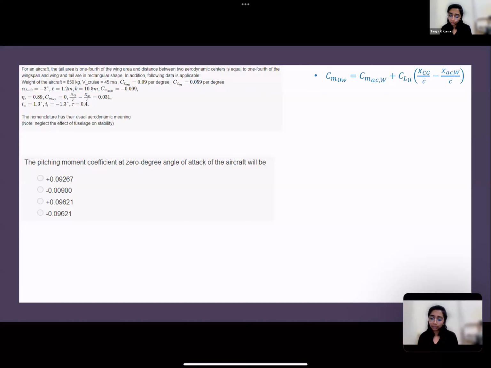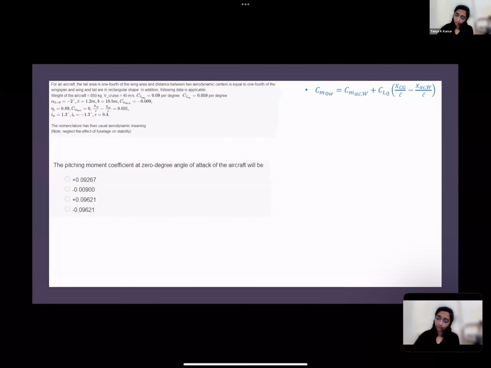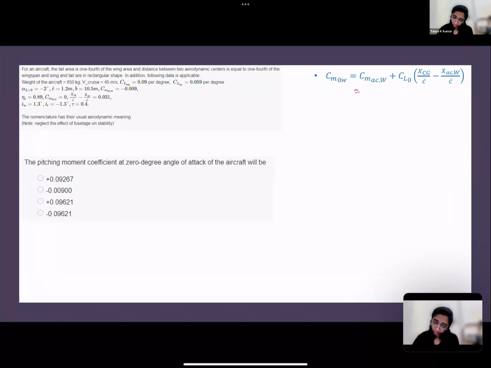So Cm AC of the wing is given directly to you, right? Yes. Cm AC of the wing is minus 0.009. Cl naught, how do you find out Cl naught?